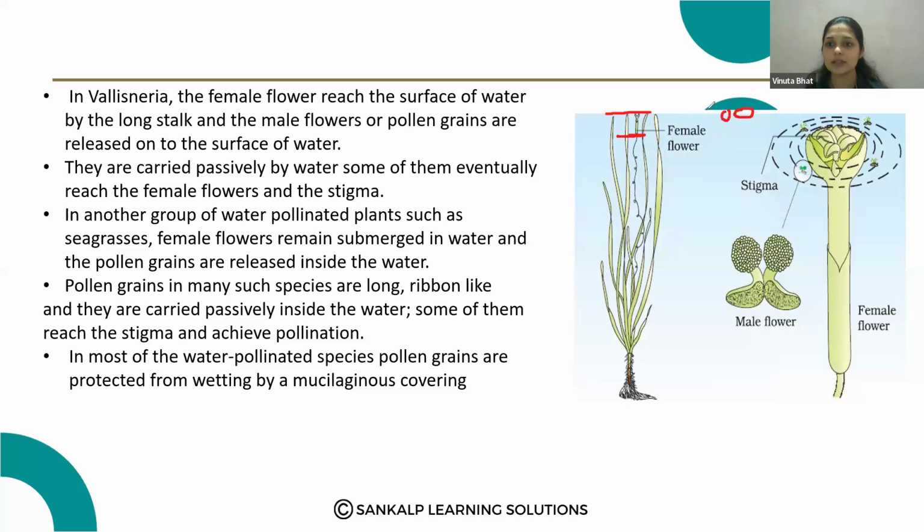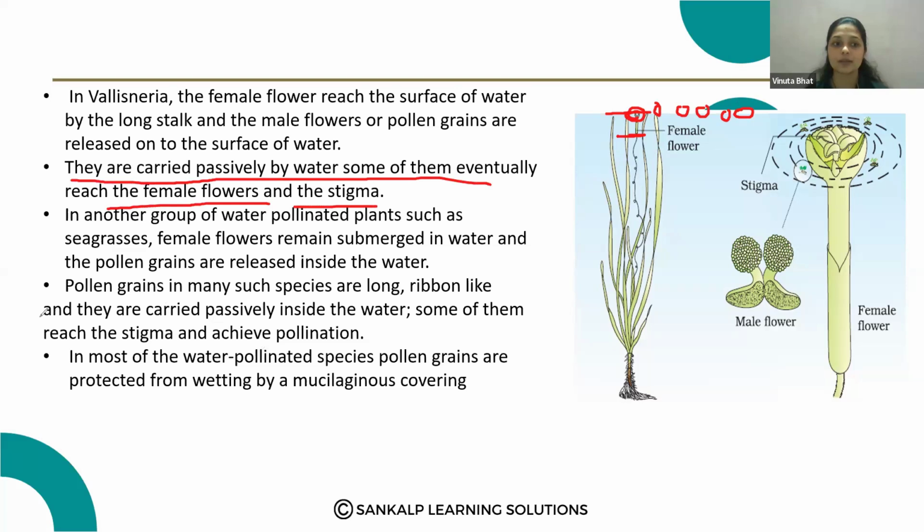So these are the pollen grains. So these pollen grains now reach the stigma of this flower. So like this the pollination occurs in Vallisneria, and these pollen grains are carried passively by water. Some of them eventually reach the female flowers and the stigma.